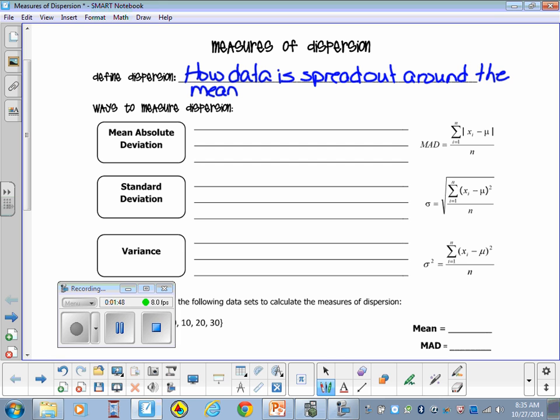Mean absolute deviation, which is abbreviated MAD, very creative there with the abbreviation, is the average distance of each data value from the mean.